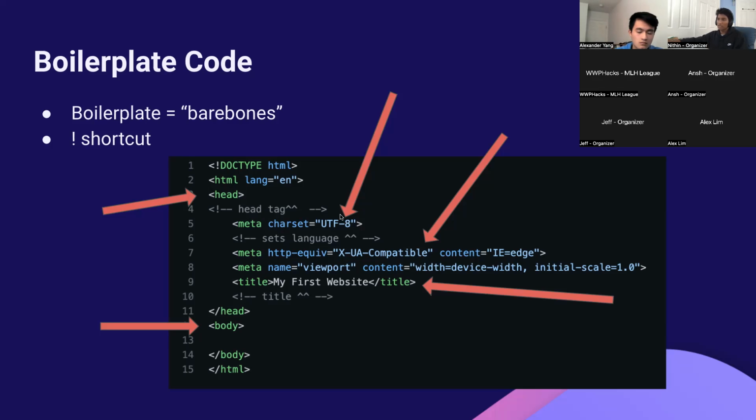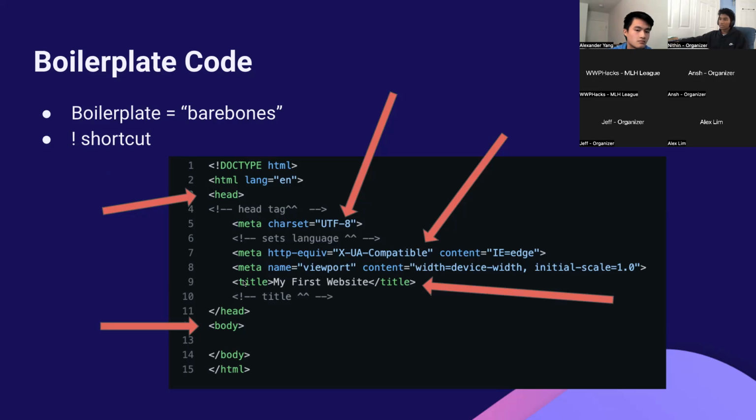You don't really need to know what it does, but just know that it is necessary. The metadata is also important for how your website is found in a browser. Let's say Google organizes relevant sites, and this helps with that. We'll talk about that later.